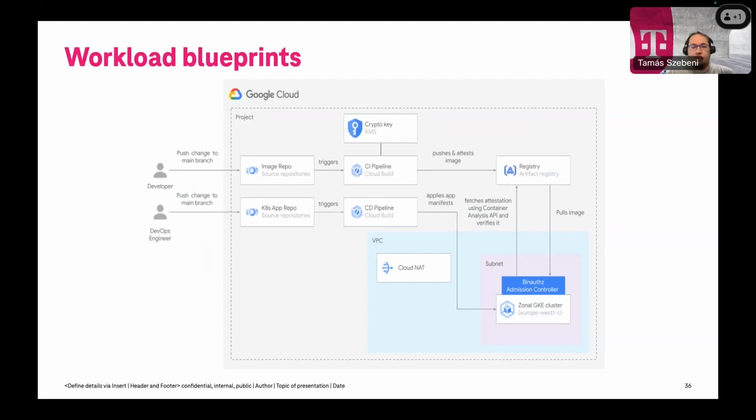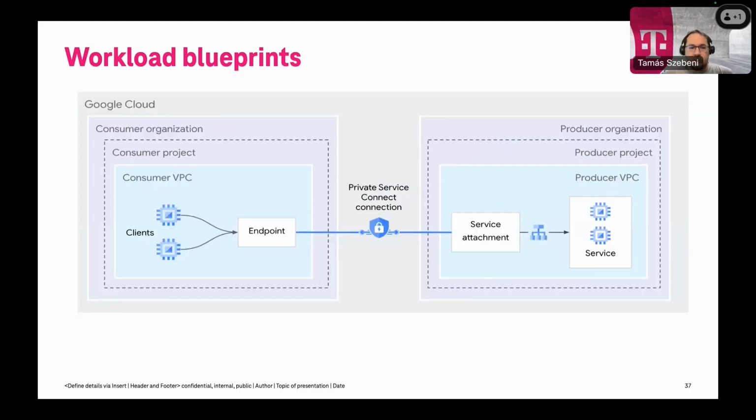Our next workload blueprint shows Private Service Connect as a private and secure way of networking. And this works across different GCP organizations where VPC peering or Shared VPC cannot be used. The way it works, there is an endpoint group on the producer side.